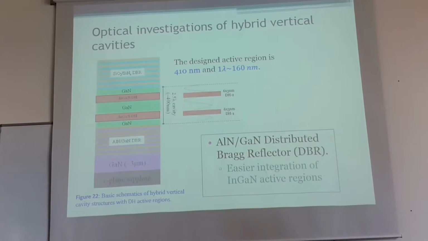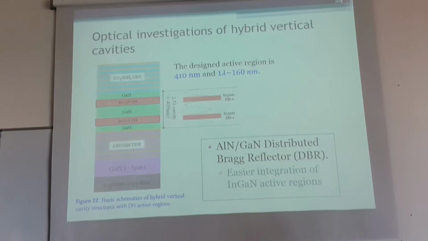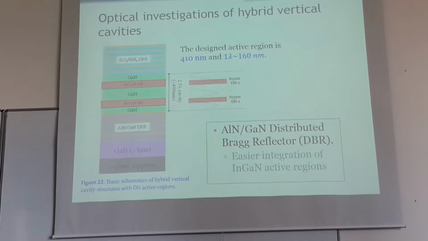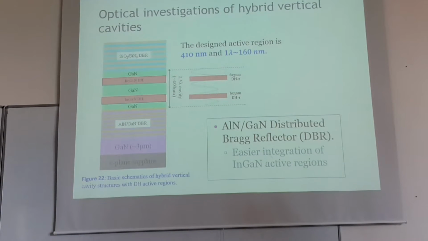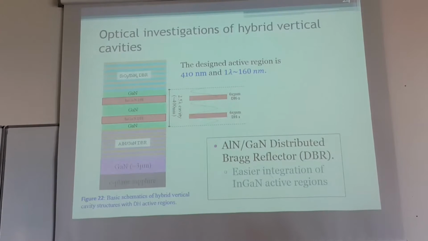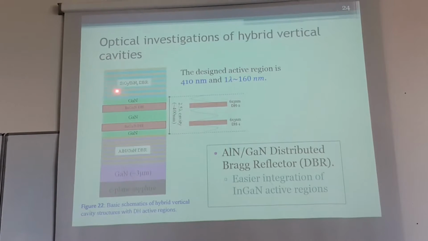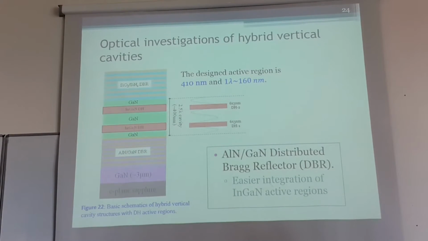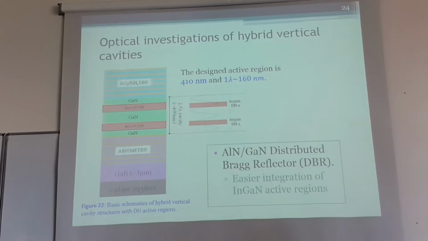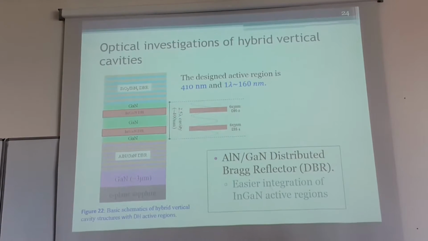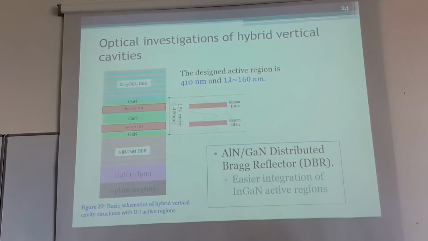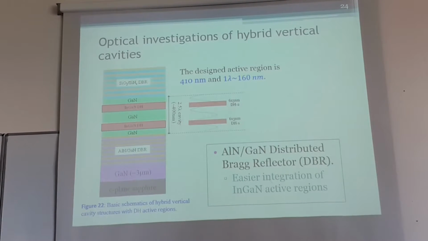However, there are problems associated with them. Since the refractive index difference is small, we need to grow a higher number of pairs compared to silicon nitride, silicon dioxide distributed Bragg reflectors, which have a higher refractive index difference. Also, since we need to grow more pairs, the cracking in the layers increases, and this decreases the quality of the vertical cavity structure.